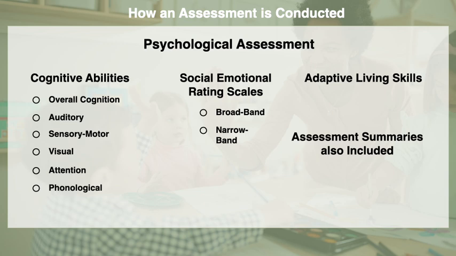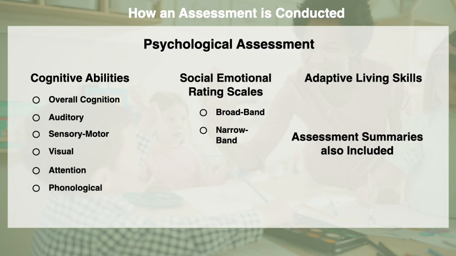And then depending on the concerns that are outlined for your child, adaptive living skills, there will also be a portion of the evaluation dedicated to that, and really looking at their ability to navigate and complete daily living. An example of the assessment that may be provided is the Adaptive Behavior Assessment System, and that's if they're able to tie their shoes, if they're able to go to the restroom on their own.